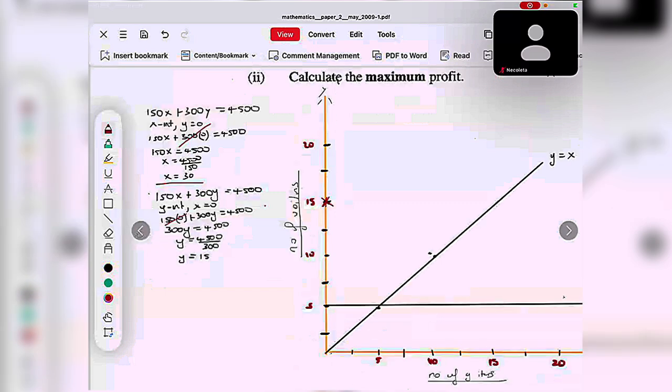Now that we have those two numbers, 30 and 15, we're going to use a ruler to connect the 15 and the 30. This is not going to work at all.